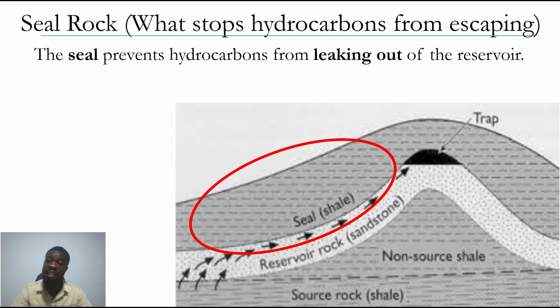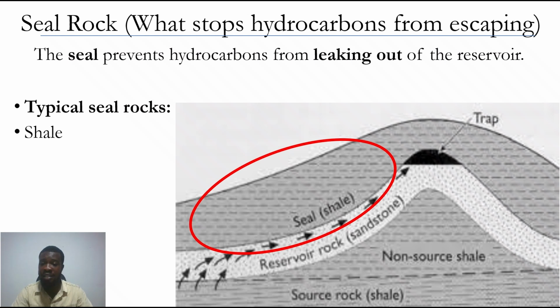If you look at the image, that is a typical example of a seal. Seals are impermeable. What this means is that they don't allow fluids to flow through them. And so when the fluids flow to the reservoir, these seals, because they are impermeable, prevent these fluids from flowing further out of the reservoir. A typical example of seal rocks is shale. Shale makes very good seal rocks because they are porous, that is, they have enough space, but they are impermeable, that is, they don't allow these fluids to flow out of them.